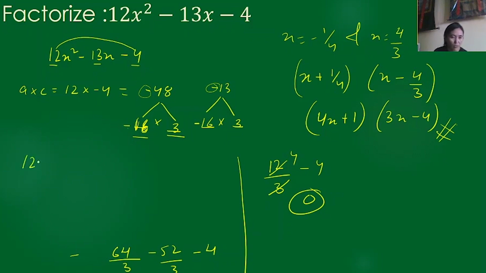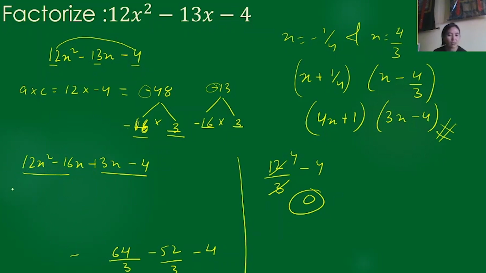So we'll write 12x square minus 16x plus 3x minus 4. Now group this and take out the common factor. From the number part we have 12 and 16, which have 4 as the highest common factor.